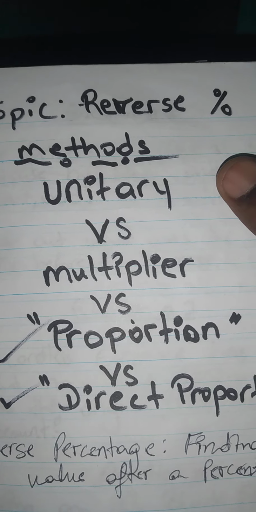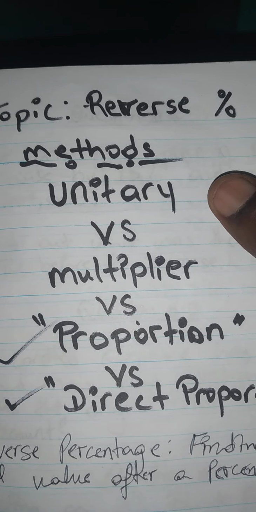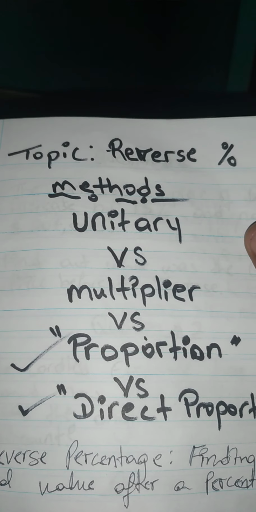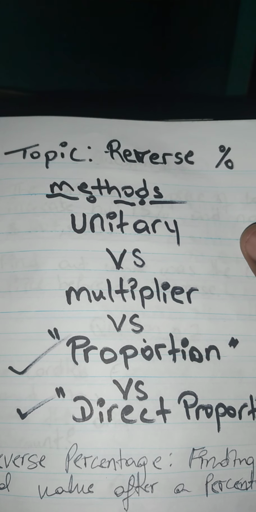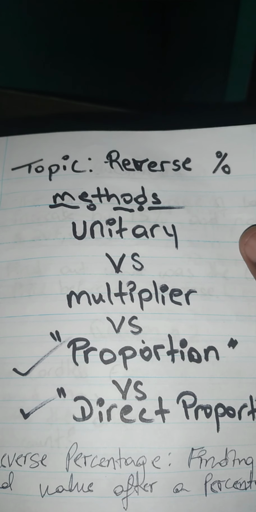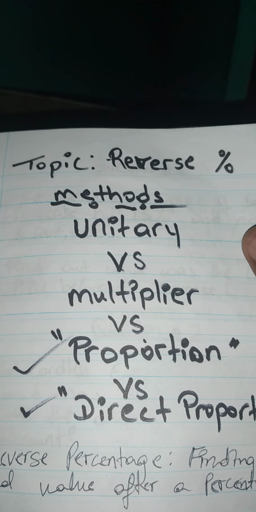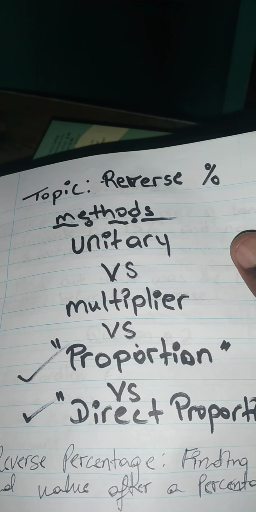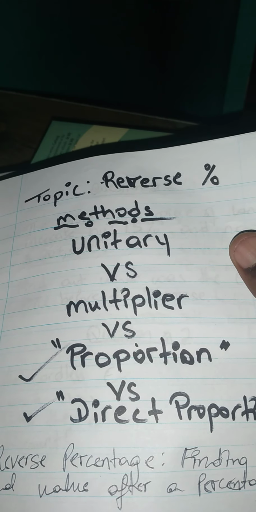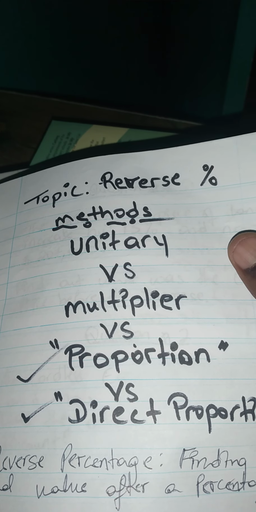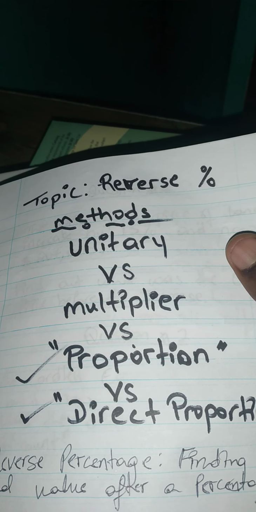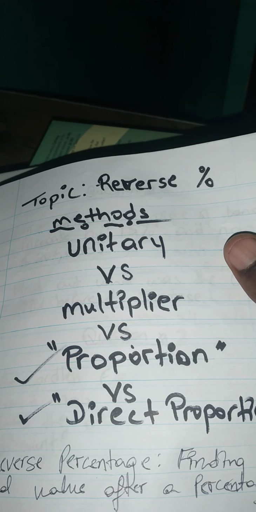The first method is the unitary method. This method is not just used for reverse percentage, it's used across the board, in any topic that deals with calculation. That is, to find the cost of one item or one quantity.